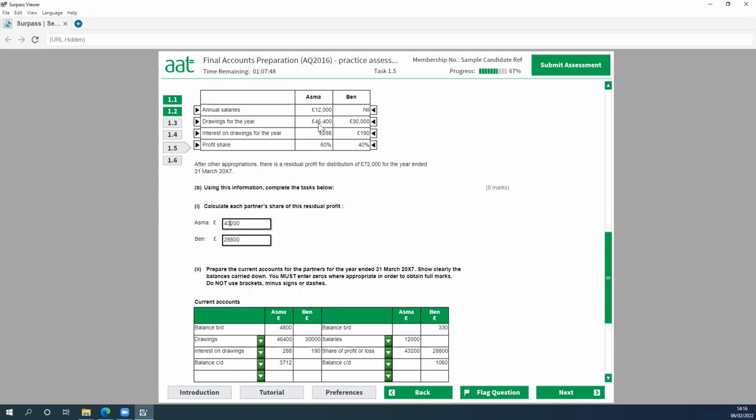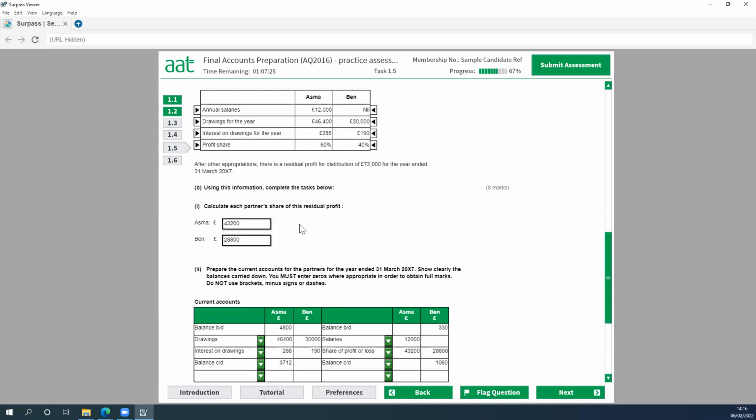We've then got drawings for the year, and remember, for partnerships, we don't like them taking drawings because it takes money out of the business, doesn't it? So I've put it on the debit side of their current accounts. Drawings, 46,400, Asma's taking out. Ben is taking £30,000 out, so we're going to debit Ben's account as well.